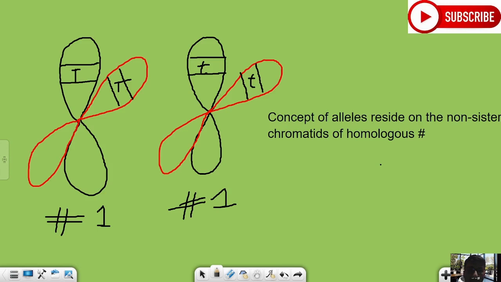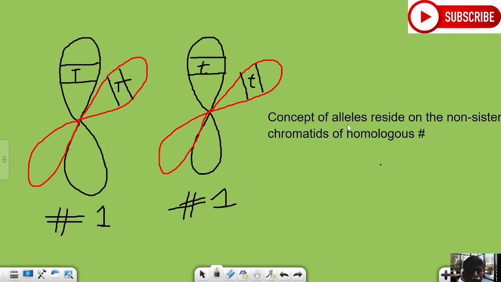Now, actually, what is a paired chromosome? We know that in cell division there are mainly two stages, right? The interphase stage, which consists of G1, S and G2, and the next stage, which is known as the M phase. In the S phase, the chromosome gets replicated, divided into two.